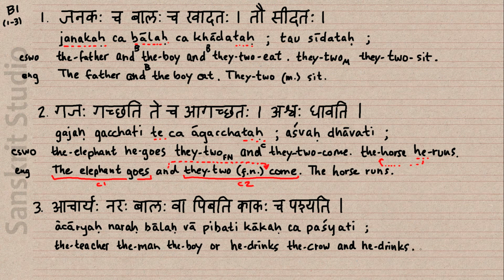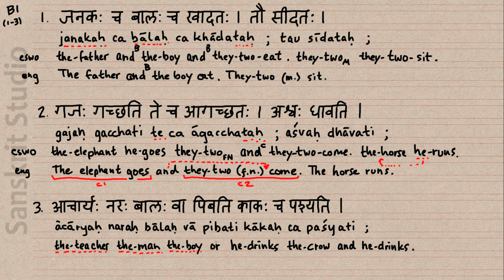Okay. So now we have a couple of things to talk about. We have the or here to talk about, and the question is always how. What is the or connecting? Well, or is connecting the teacher and the man and the boy, and these are all words. So we definitely have either an A or a B syntax.